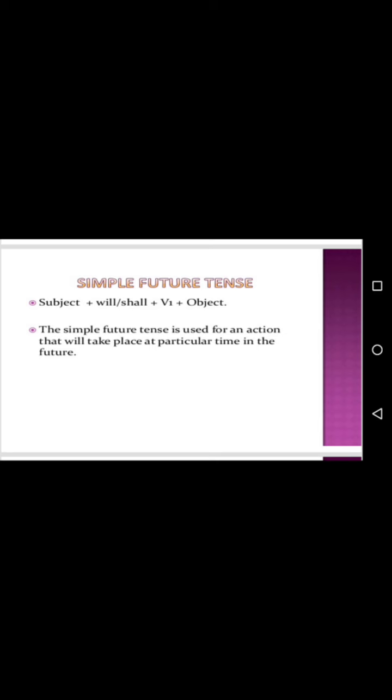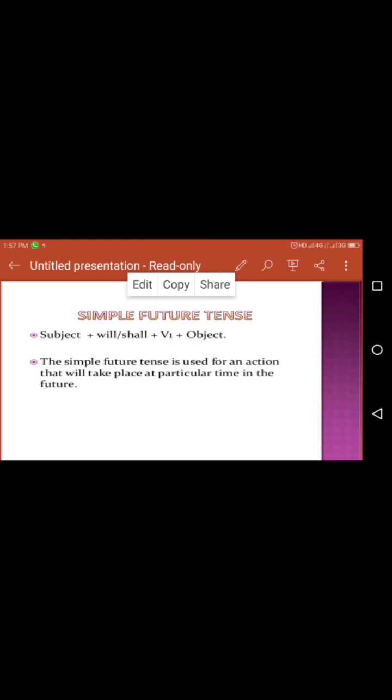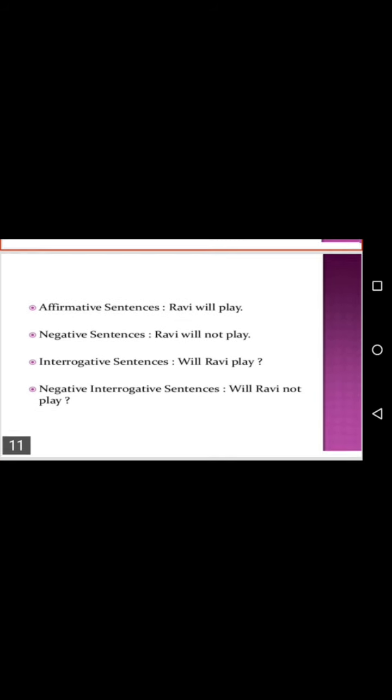Next is simple future tense. How is the sentence formed? Subject plus will or shall plus V1 plus object. And this particular tense is used when the action will take place at a particular time in future, right? The examples: affirmative, Ravi will play.